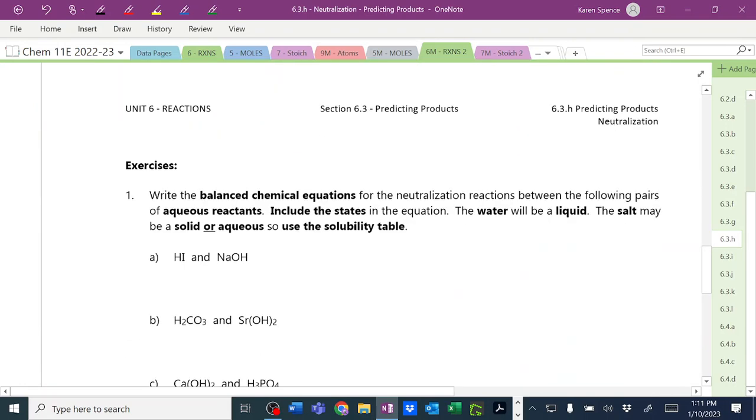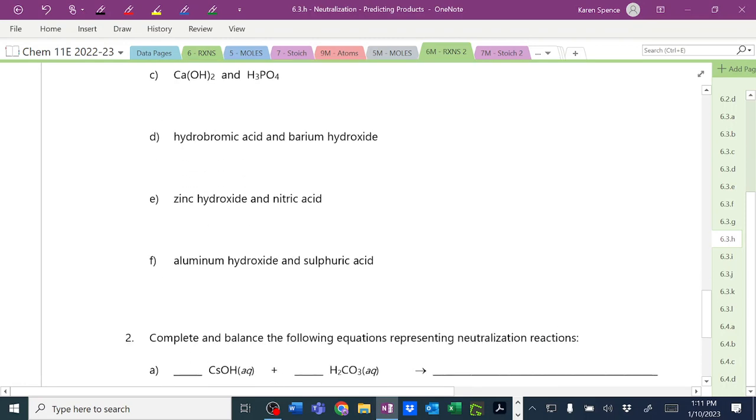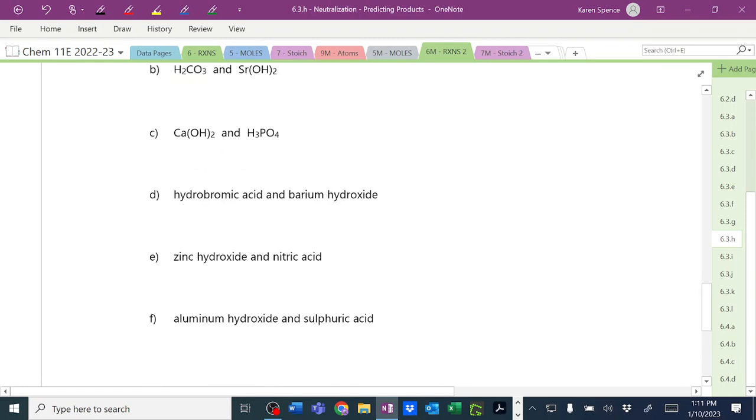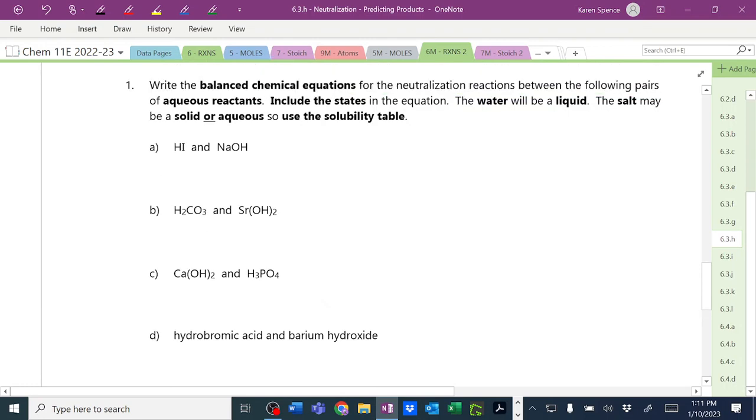So I would like you to try some of these here. Then I'm actually going to go grab, what am I grabbing? I might grab stoichiometry for you. Thank you.